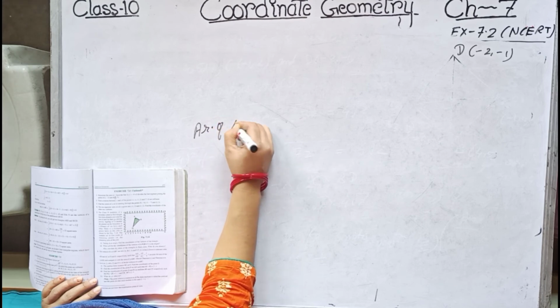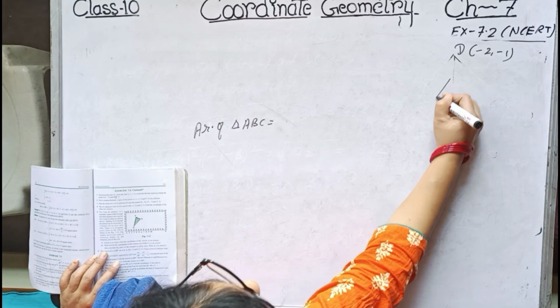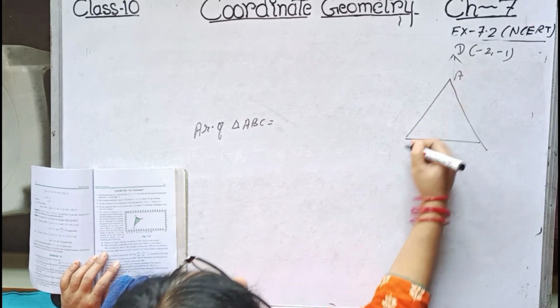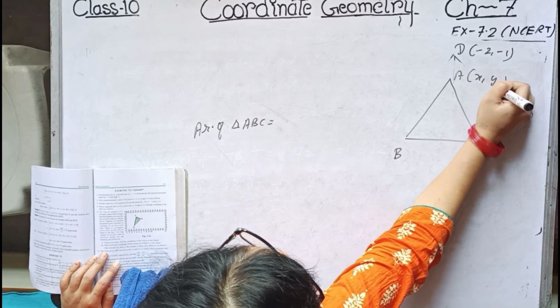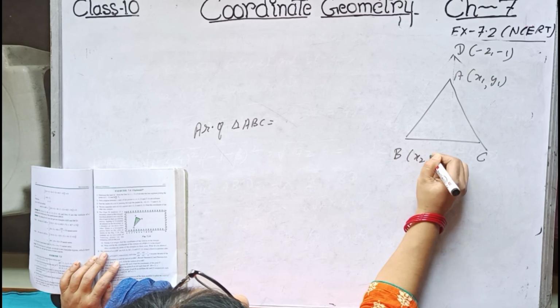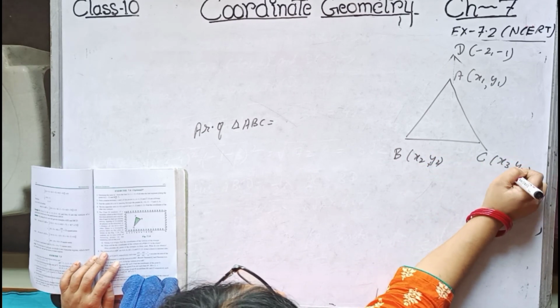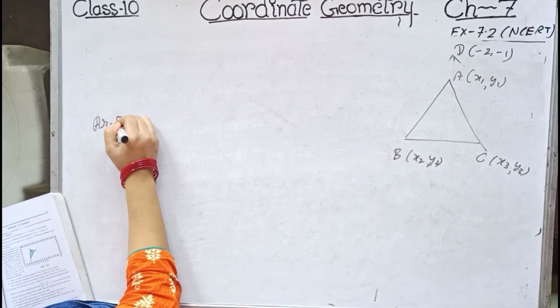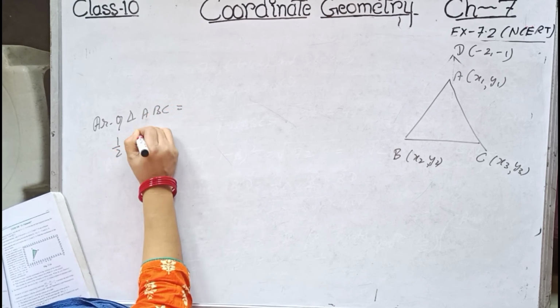Area of any triangle, let us name it ABC, suppose this is the triangle A, B and C, whose coordinates are x1, y1, x2, y2 and x3, y3. Then the area of triangle ABC will be equals to half modulus.